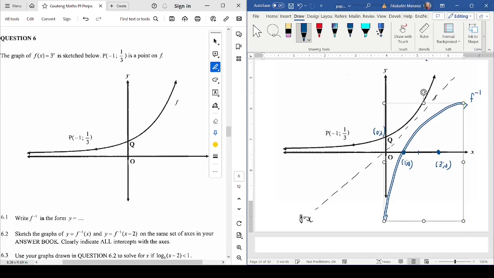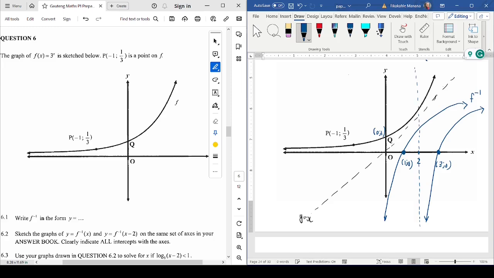But anyway, let me do it myself. Let me sketch it again. Yeah, I can probably cut and paste, but let's just leave it there and draw it again. So it would probably be something like that. So before, if the y-axis was my asymptote, now 2 would be my asymptote for this new function that has been shifted 2 units to the right.